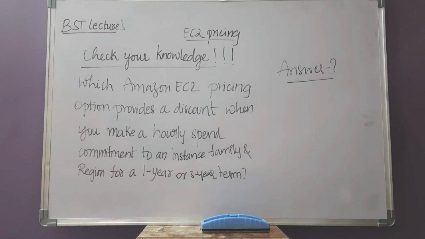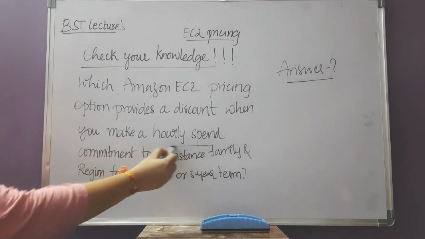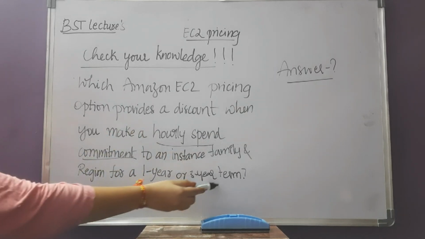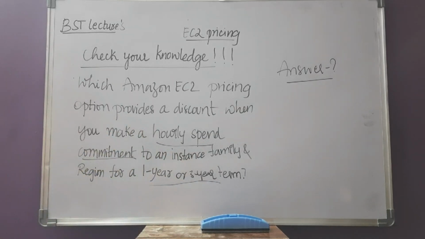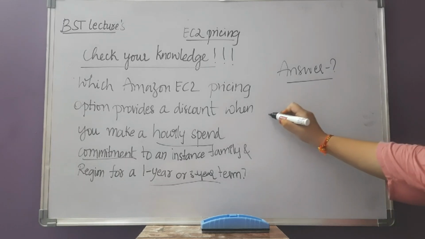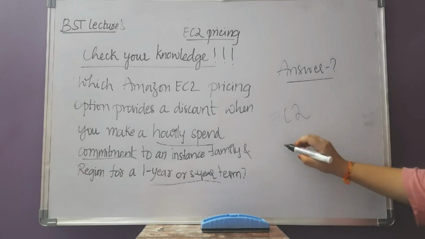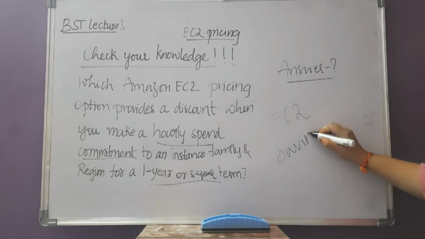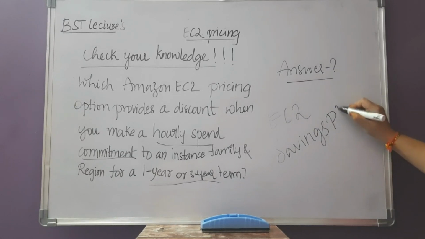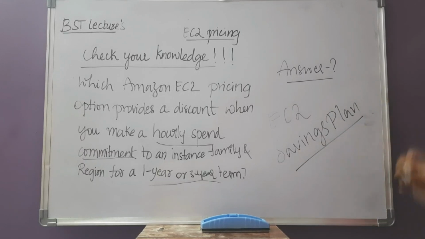I will reveal the answer after the 5 seconds. I am just giving a small hint. Hourly spend commitment for 1 or 3 years is the biggest hint in this question. Okay, let me see the answer. That is EC2 Savings Plan. EC2 Savings Plan is the answer for this question.